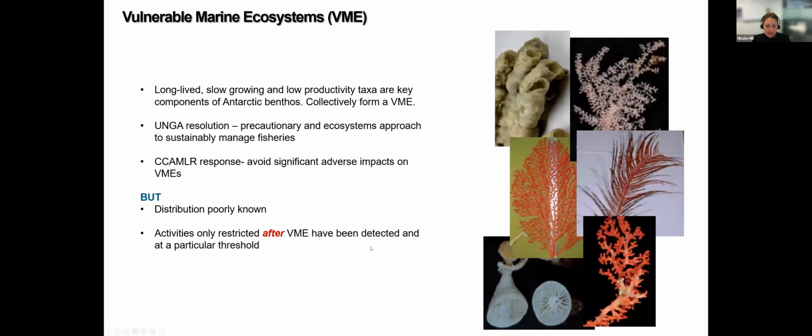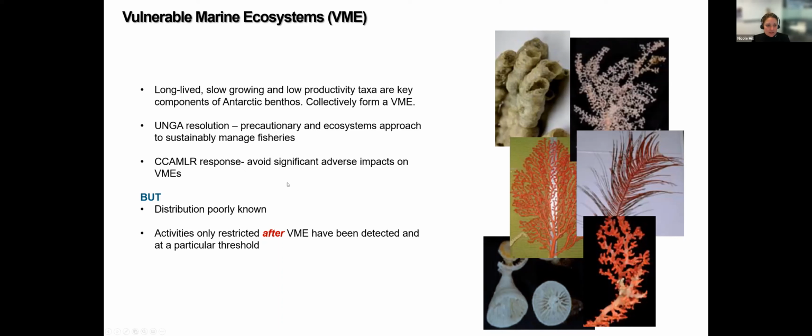One of the other aspects of this project is looking at vulnerable marine ecosystems. VMEs, they're commonly called. Lots of Antarctic taxa are long-lived, slow-growing, and low productivity. Collectively, organisms like this that are vulnerable to damage, particularly from fishing, but potentially from other threats, form a vulnerable marine ecosystem.